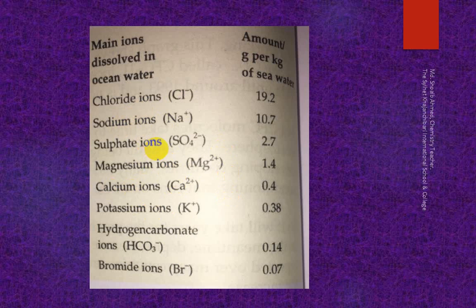Which negative ion is the lowest in the ocean water? Bromide ions. Which positive ion is the lowest? Potassium ions. Look, this is potassium 0.38 and calcium is 0.04. So calcium ions are the lowest.